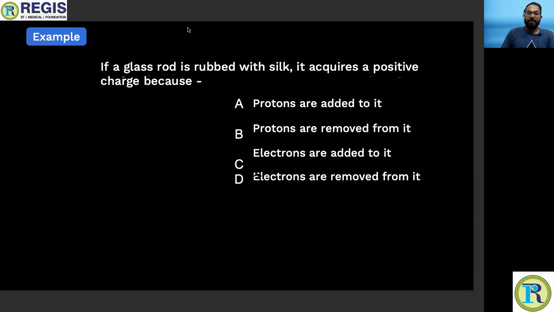The statement of this question is self-explanatory. Why? Because if a glass rod is rubbed with silk, it acquires positive charge. It means electrons are removed from it. Answer is D.